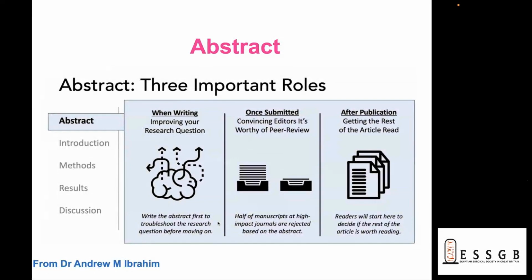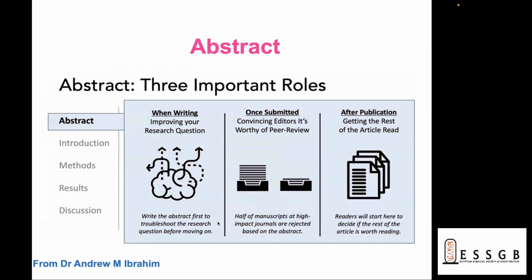So for instance, if there is no evidence of prehabilitation in patients undergoing esophagectomies, you could say that whilst there are multiple cohort studies assessing prehab, there is no objective evidence for prehabilitation in the context of a randomized controlled trial. And that's a very powerful message, because we all know cohort studies have their flaws, but it's a very short, succinct line to tell the editors or the readers that this is a useful trial to be published somewhere like Lancet or New England or wherever you may wish to publish the study.